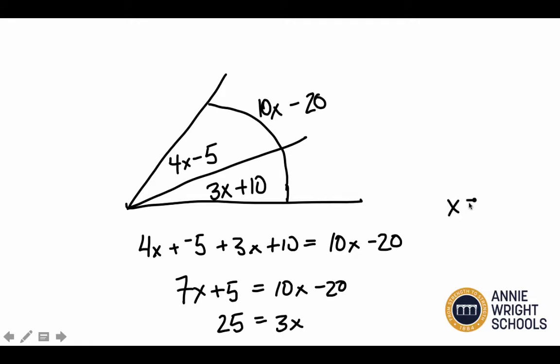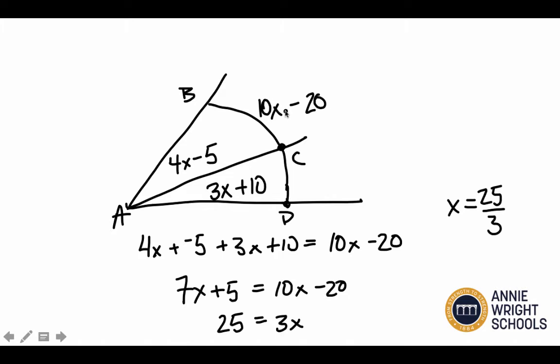So x equals 25 divided by 3. Now be careful in a geometry class because they might say, what's the measure of angle BAD? And you did all this work to get x, which is correct, but then you didn't substitute this back in and solve.